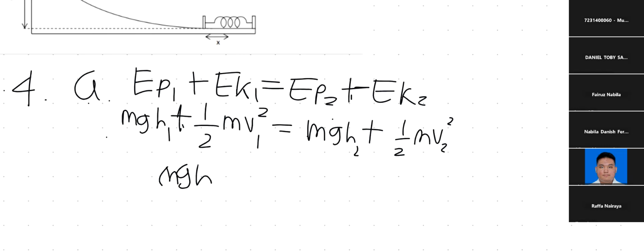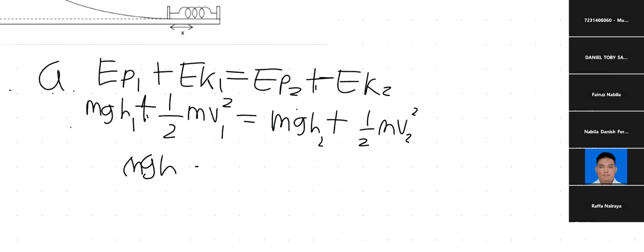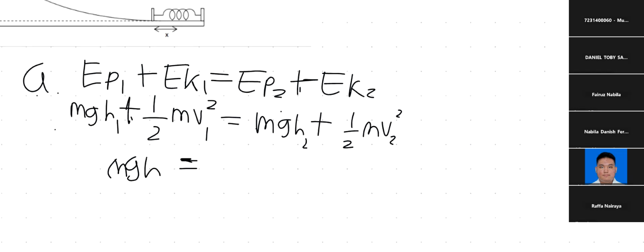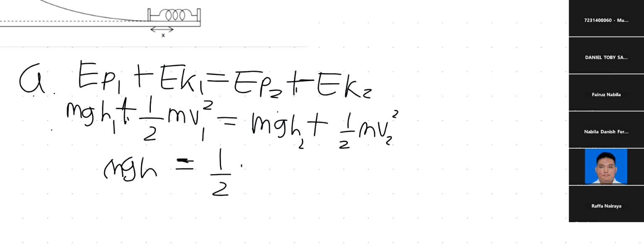Now at the second condition, right when it hits the spring, it's gonna have maximum kinetic energy, so therefore it will have 0 potential energy. Because at that point, the height of the block will be 0 anyway. So it's gonna be equal to half of m times v2 squared.